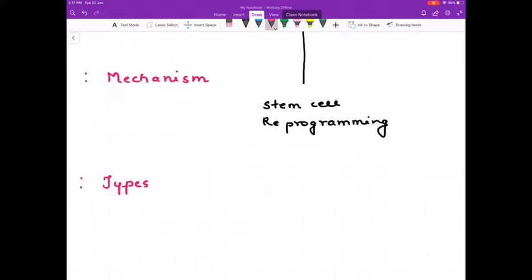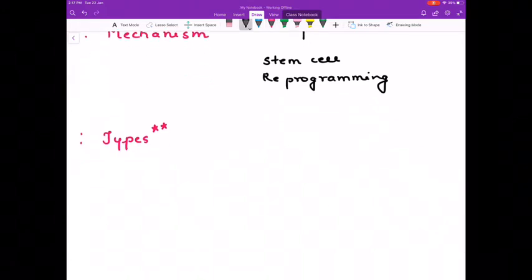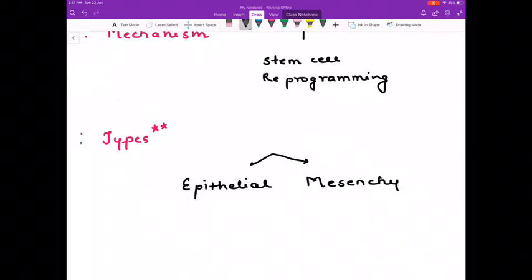Third types of questions are based on the what are the types of metaplasia in the pathology. So yes, types of metaplasia are two. One is epithelial metaplasia and second is mesenchymal metaplasia. Epithelial and mesenchymal, as the name suggests, epithelial metaplasia will occur in the epithelial tissue and mesenchymal metaplasia will occur in the mesenchymal tissue.